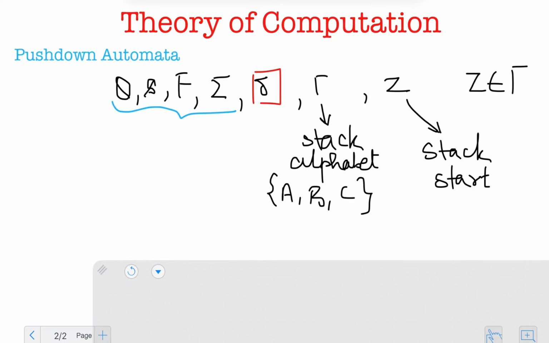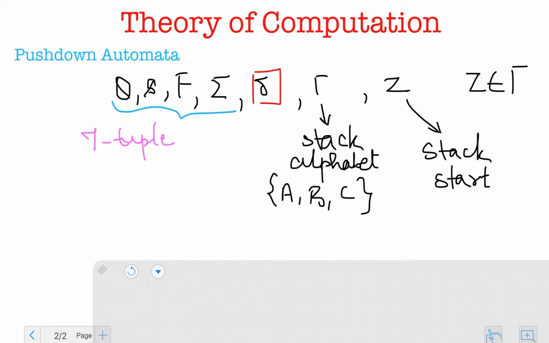So it's going to be one of these symbols given here, let's say ABC. So Z is going to be, let's say, A or B or C, something like that. All of these together form a 7-tuple, and that's the definition of a pushdown automaton.